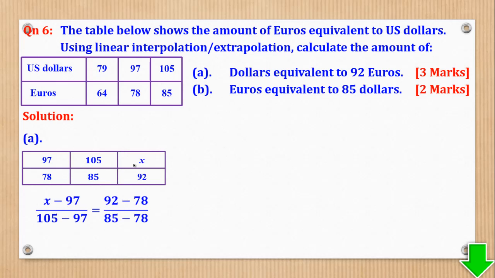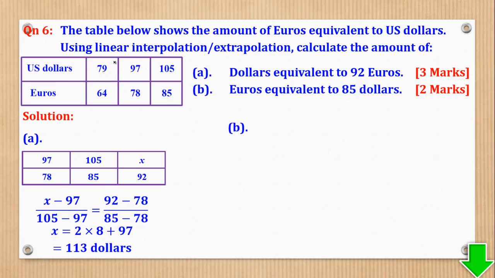So equate gradients, you can equate gradients or quotients. For me, I prefer quotients where I say this minus this over this minus this is equal to this minus this over this minus that, which are correct quotients. But if you use gradients, it is also still okay. The next is to make x the subject. Then for part B, $85.